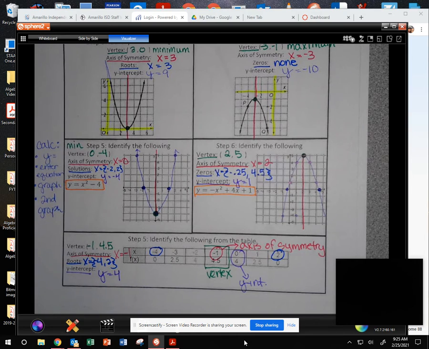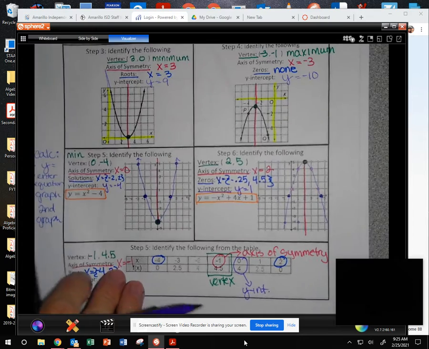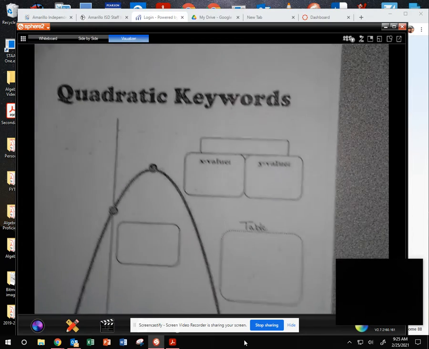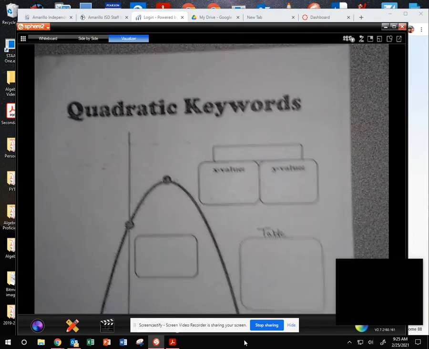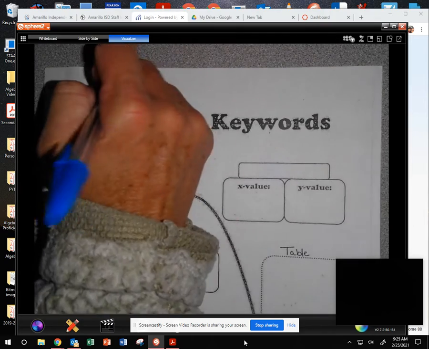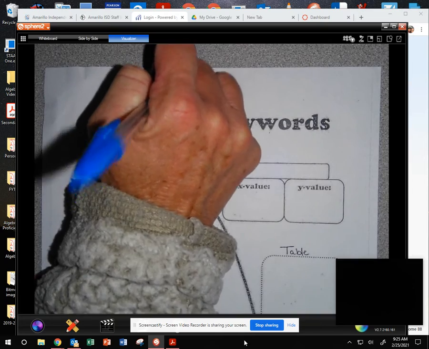Okay? All right, so the next page is going to be just some vocabulary. It's going to be a visual page for you to always go back and look at. So the first thing I want you to be able to put on here is quadratic functions need to be written in standard form.